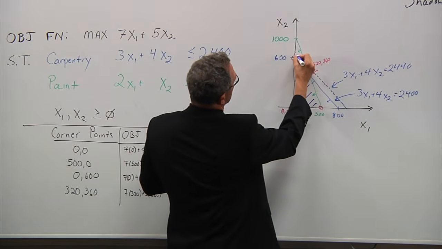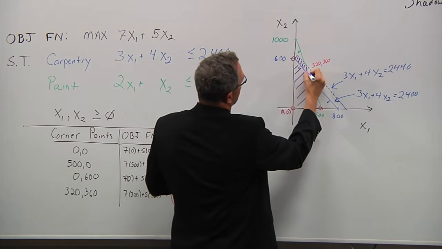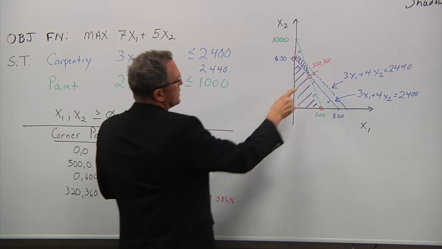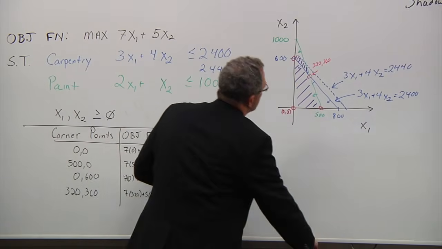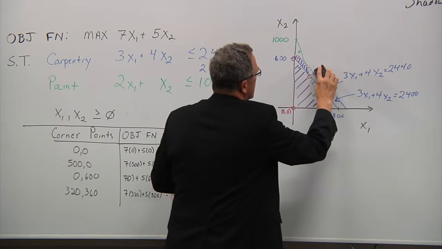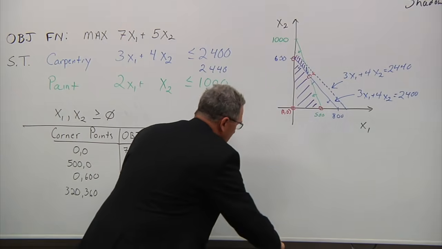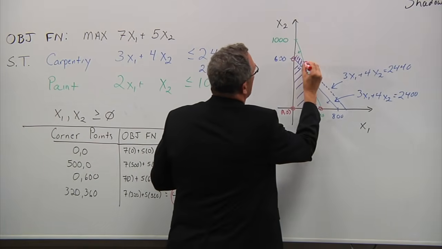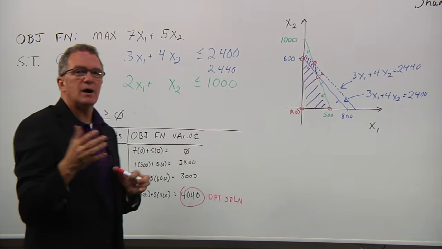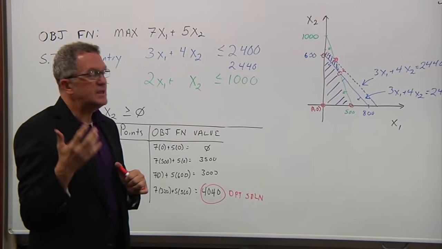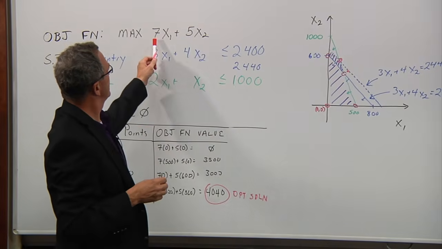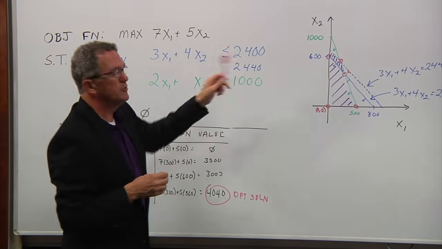Now I can produce up into here. Also, this is no longer a corner point. This corner point goes away. The corner point now becomes this spot. So I have a new optimal solution. In theory, hopefully, I can make more money with more resources.